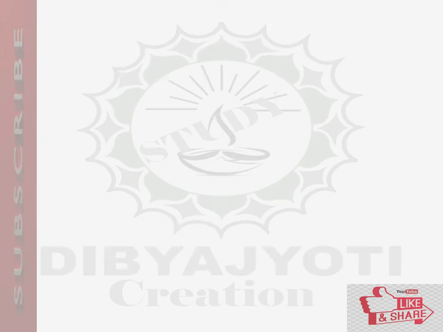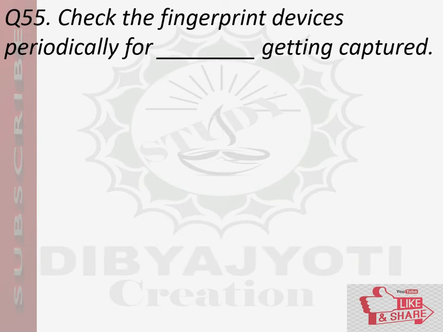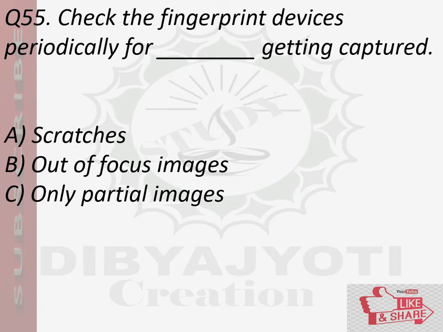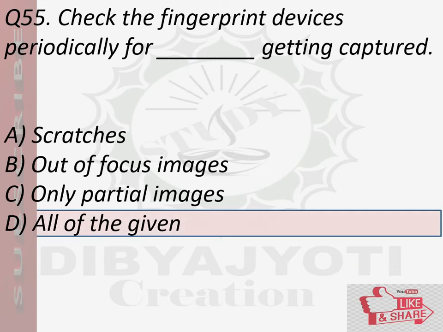Then next, check the fingerprint devices periodically for dash getting captured. Options are option A, stretch, option B, out of focus images, option C, only partial images, option D, all of the given, and answer is option D, all of the given.